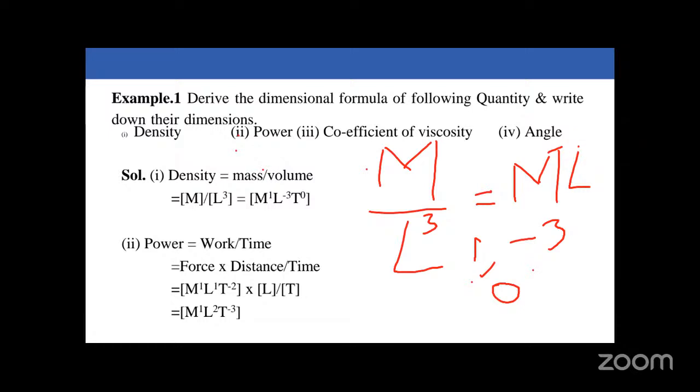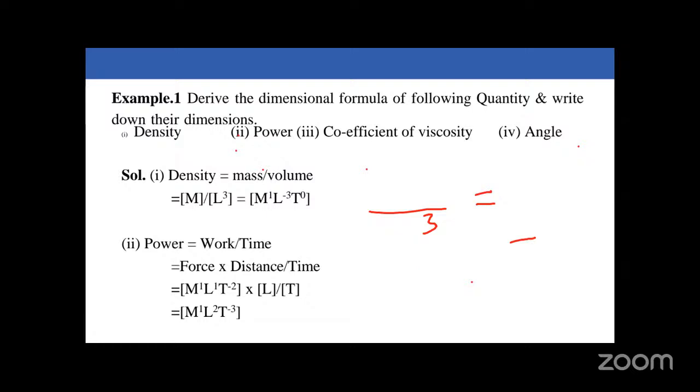Let's move on to the next example, which is power. What is power? The rate at which work is done. So power is work done over time. What is work done? Work done is force times distance.